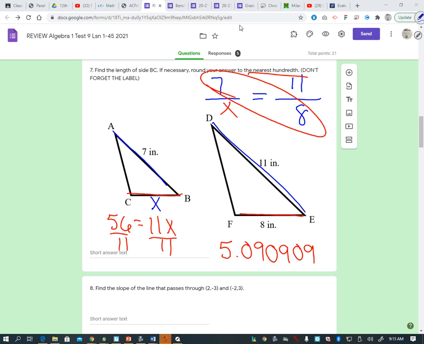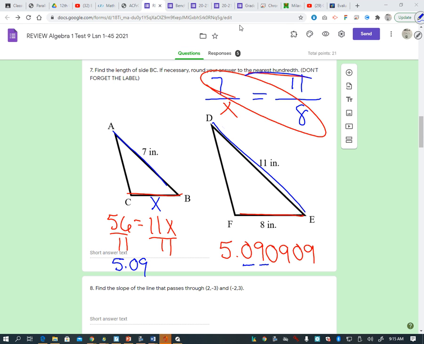Because one of the things that's costing you guys a bunch of points is that you aren't paying attention to the directions, and so you're not rounding when you should, which I'm not giving you the points when you don't do what you're supposed to. So this is tens, this is hundreds, right? Okay, so is that 9 going to round up, or is it going to stay the same? So I should get 5.09.